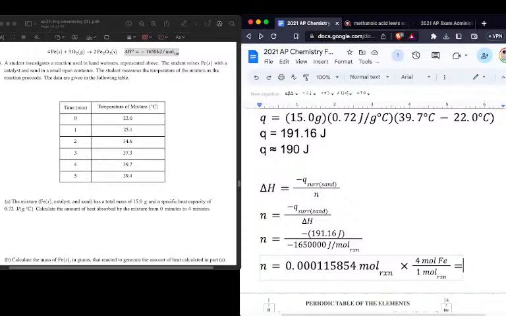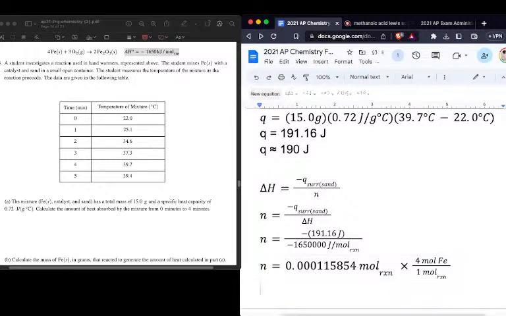You're getting 1650 kilojoules every time that goes forward, but you've used 4 irons to make that happen. So, times that by 4. I get, I need a fraction for that, 0.000463,418 moles of actual iron.